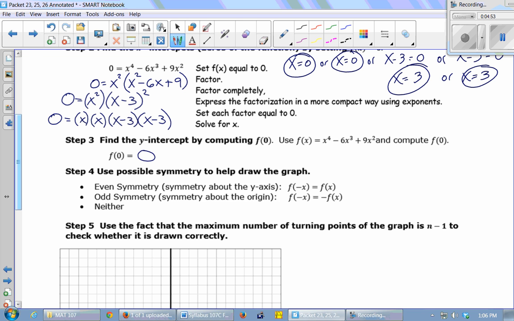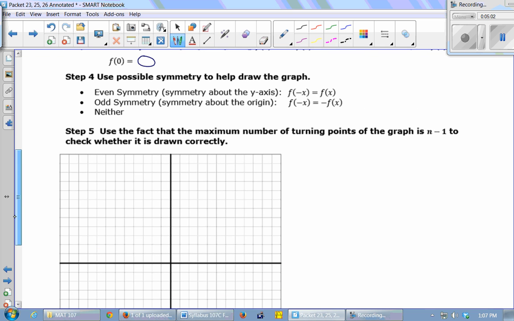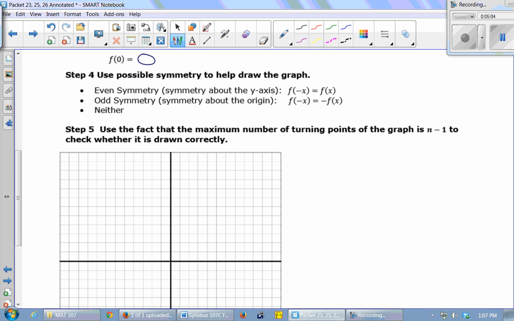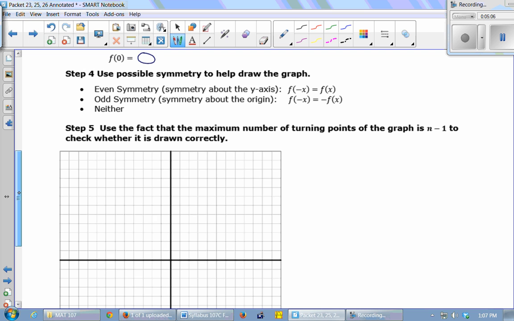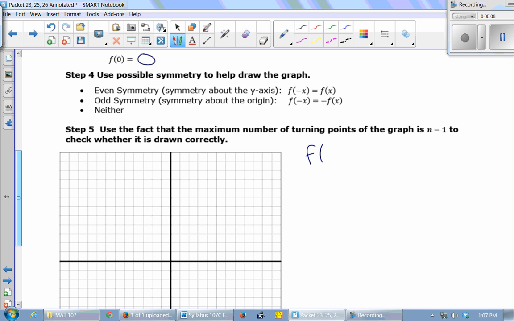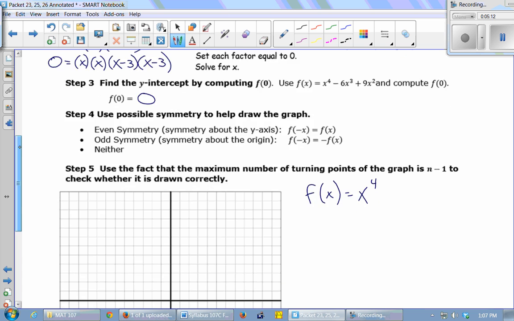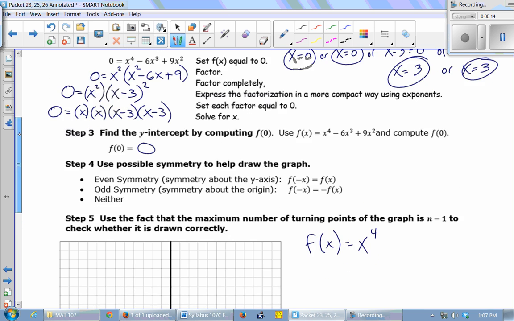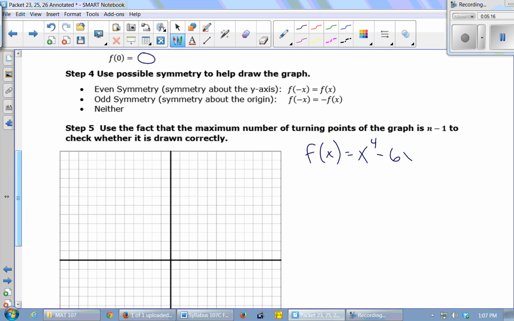All right, so I'm going to check for symmetry to see if this graph has any symmetry that can help me draw it. So if I plug in f of negative x, let me rewrite the function here. f of x was x to the fourth minus 6x cubed plus 9x squared.